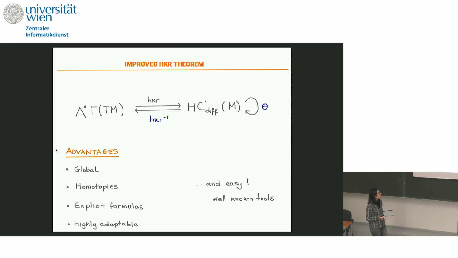And as I told you, this is really adaptable because this retract has good functoriality properties, so I can move to many other cases and apply this to many situations. Okay.